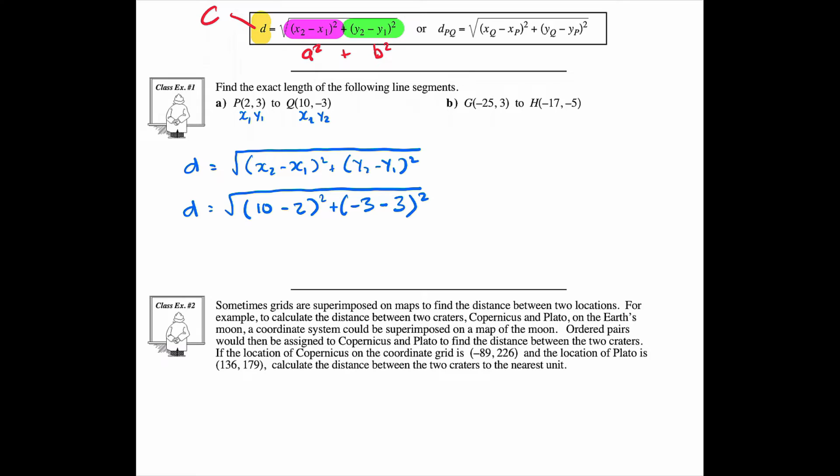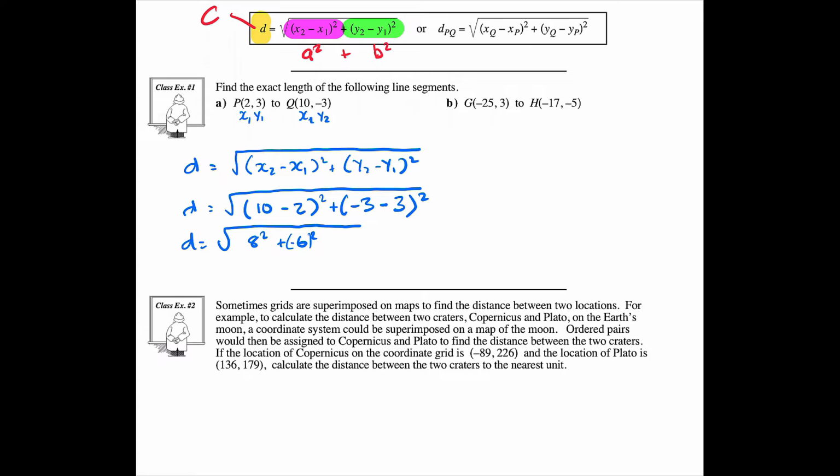Now if I continue with this, I'm going to get that the distance equals the square root of 8 squared plus 6 squared, and really what we have is negative 6 squared. Remember, we can take the absolute value of that, but if I put that into brackets like that, then it will turn out right if I punch it in the calculator.